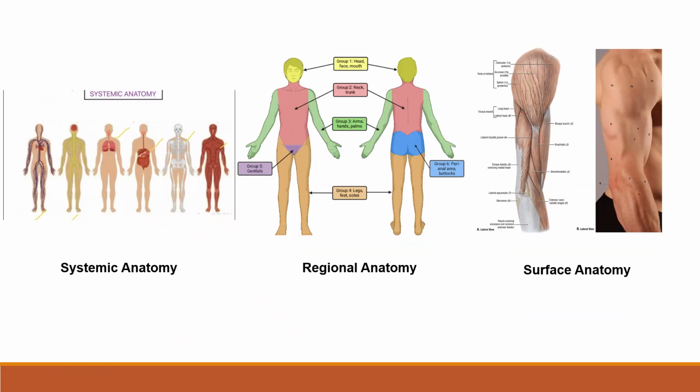And here we can see systemic anatomy. Systemic anatomy means we are studying systems, for example the cardiovascular, nervous, respiratory, digestive, skeletal, or muscular system. If you are studying any of these entire systems, you call it systemic anatomy.